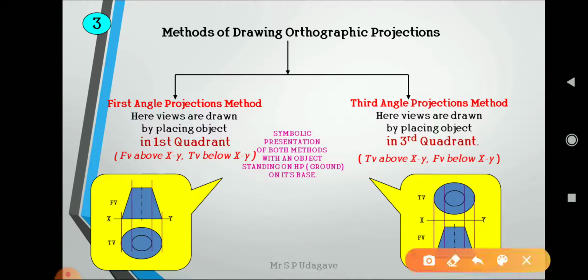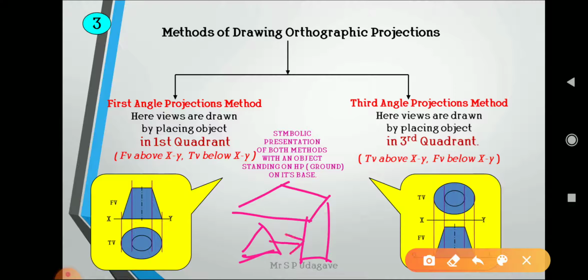The object is present here, and the front view we can get on the VP, and on the HP we can get the top view. We can open this plane by 90 degrees, so you get the top view on the top side, that is the top view above the XY line, and the front view below the XY line.